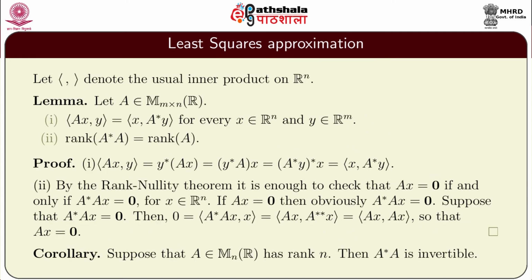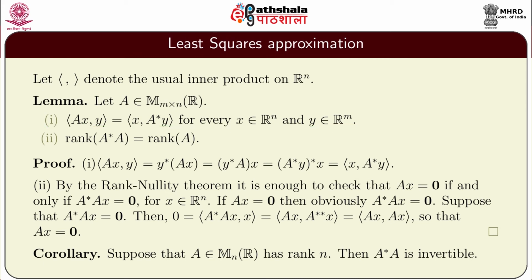Now, this lemma will be useful for proving existence of that V0. Let A be this m cross n matrix, then inner product Ax comma y is the same as inner product x comma A star y for every x and y, where x is in Rn and y is in Rm.